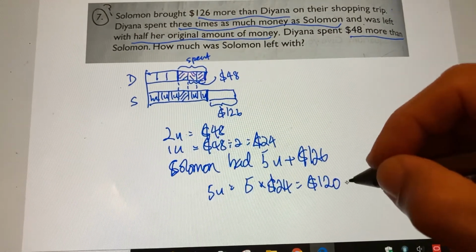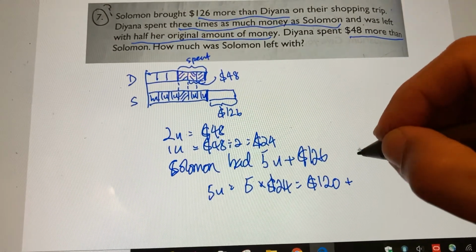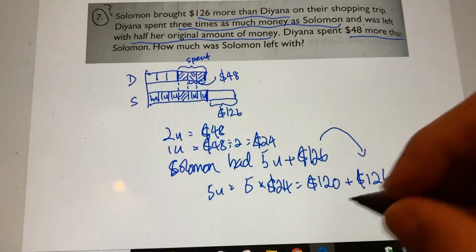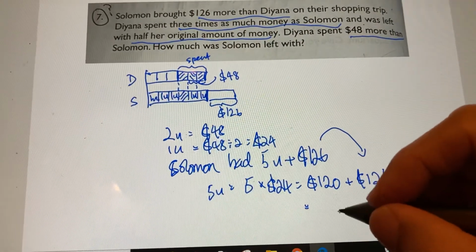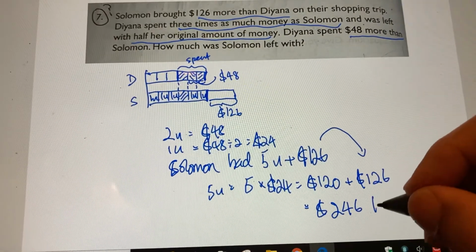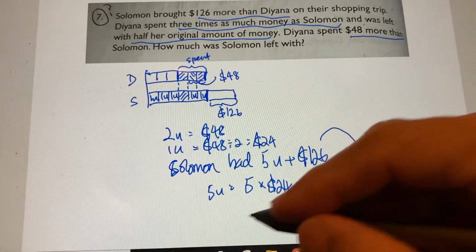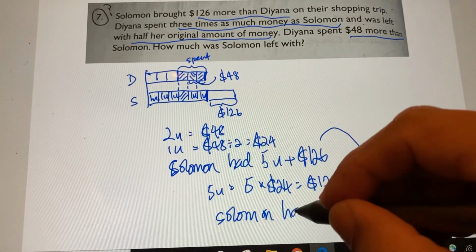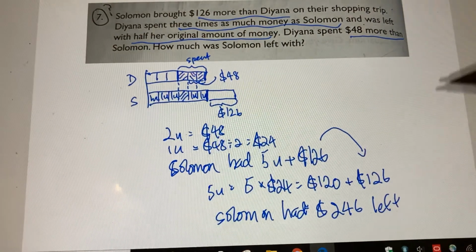And then you have to add in the original $126 that he had more than Diana. So this is the total money that he was left with, which is equal to $246. Solomon had $246 left.